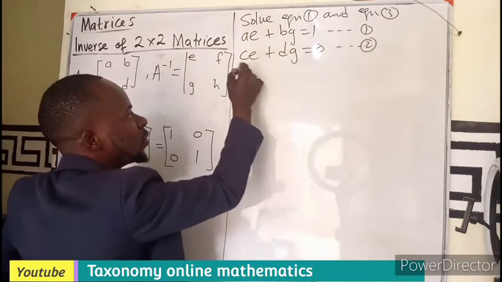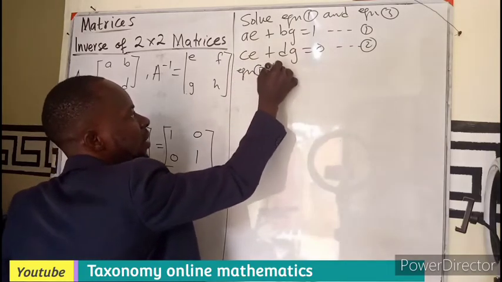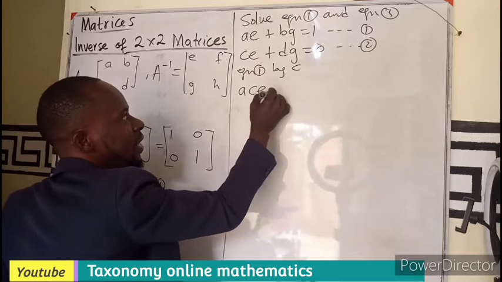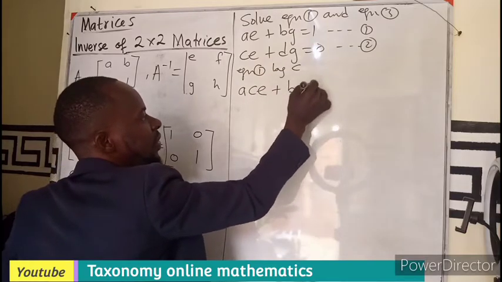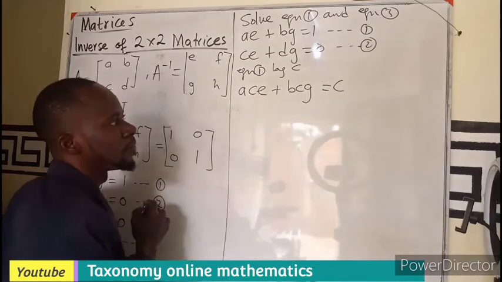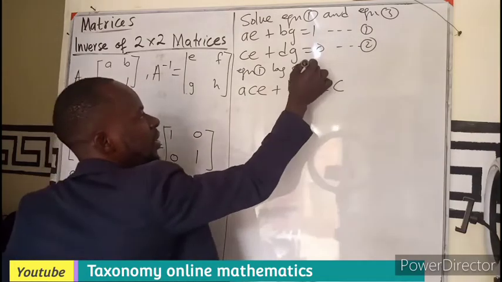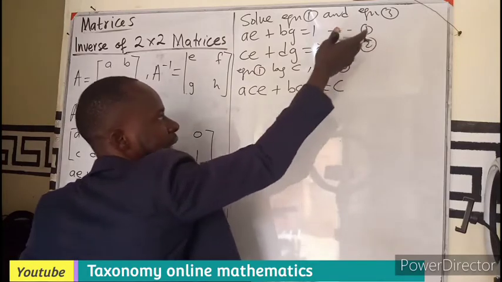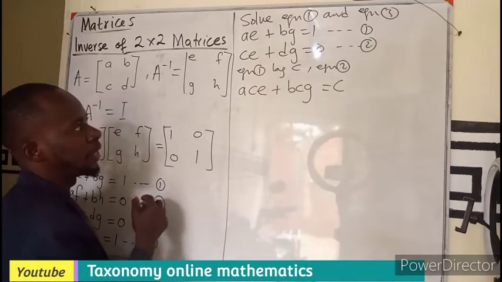C. So I'm going to have equation 1 by C will give me ACE plus BCG equals to C times this, which is what? C. Then equation 2, in this case, I'm taking that as 1 and 2, so forget about the 3.